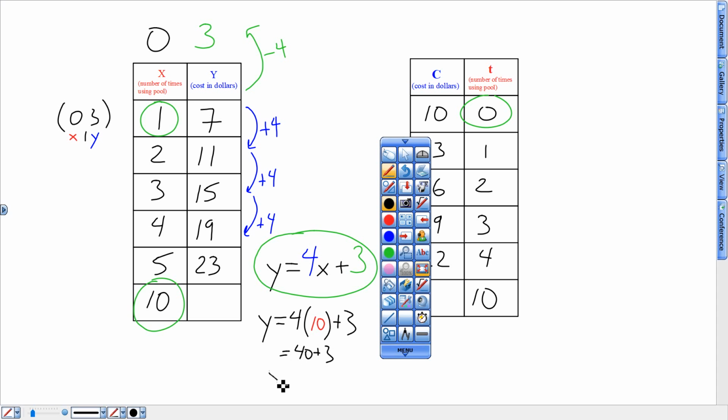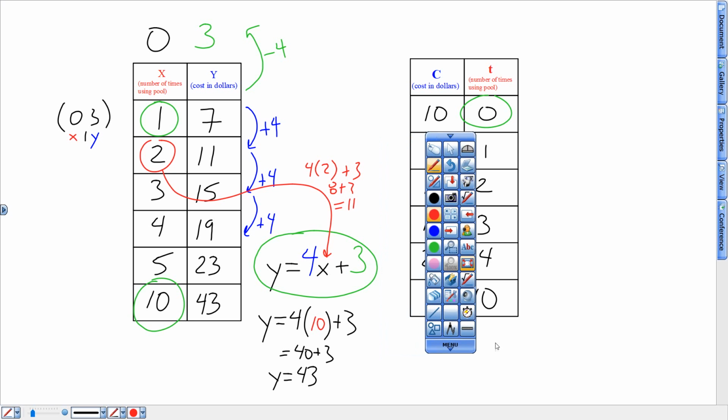That gives me, when x is 10, y is 43. That's what that coordinate is. All right, and then knowing every one of these points, if I plug in 2 right here, that gives me 4 times 2 plus 3, that gives me 8 plus 3, that gives me 11. Each of these points works in that equation, that key equation.